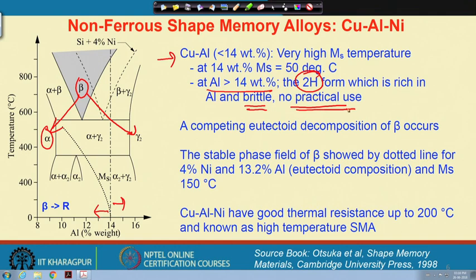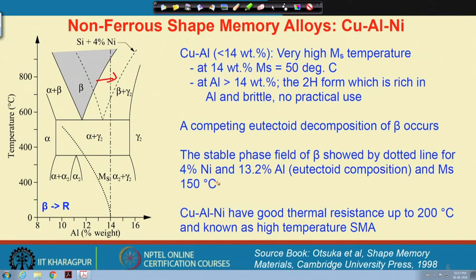However, the stable phase field of beta, shown by the dotted line here, can be obtained by adding some amount of nickel. Nickel is purposely added here, so that this phase field will move here. What will be the benefit of it?